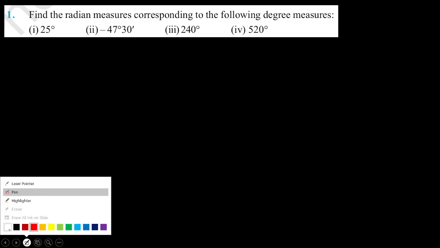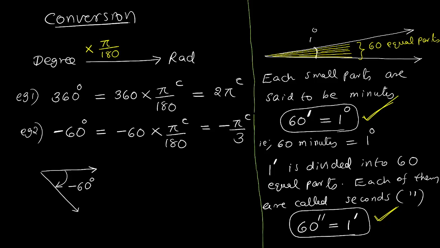So find the radian measure of the corresponding degree measure. We studied the conversion. So 25 degree is the first one. Deva, if you have any doubt, you must ask me. So what is the conversion?